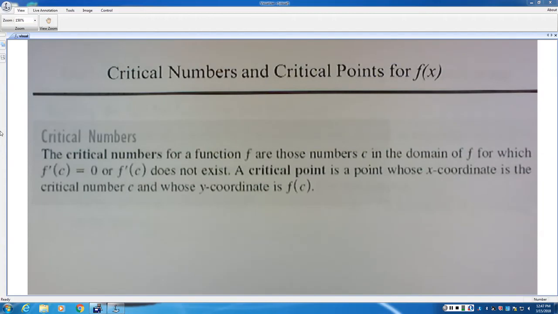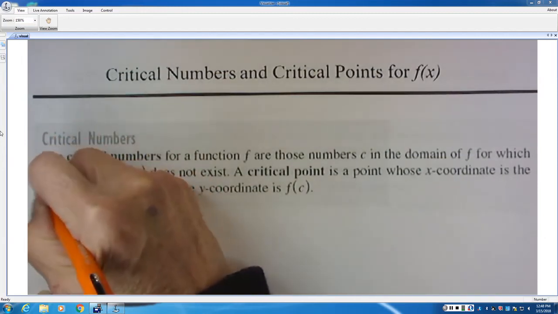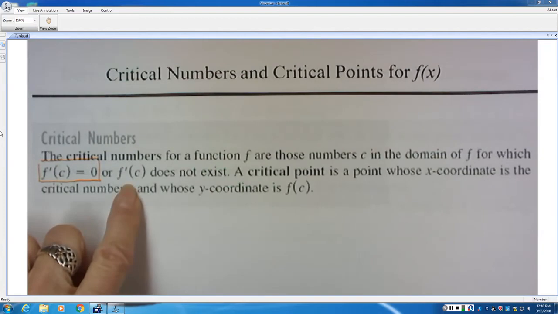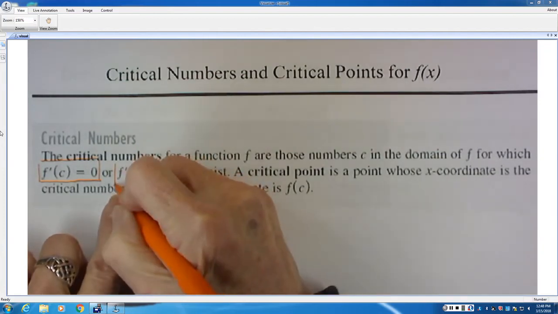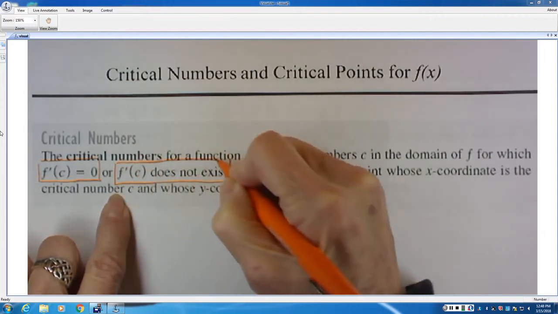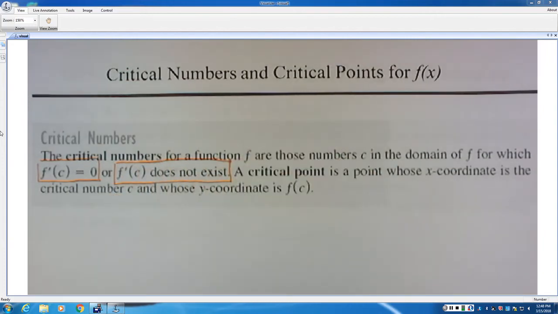It's any points in the domain of the function for which the derivative is equal to 0, or the derivative doesn't exist. Those are the two conditions. The critical point has an x value of c, and the y coordinate is the value of the function at that value, c.